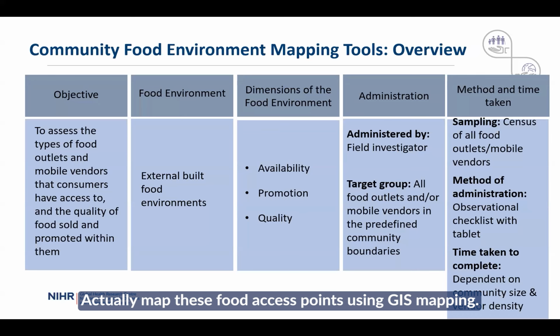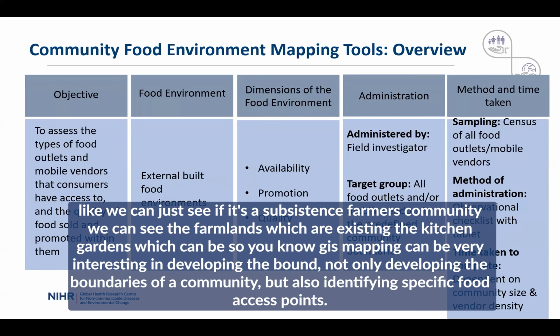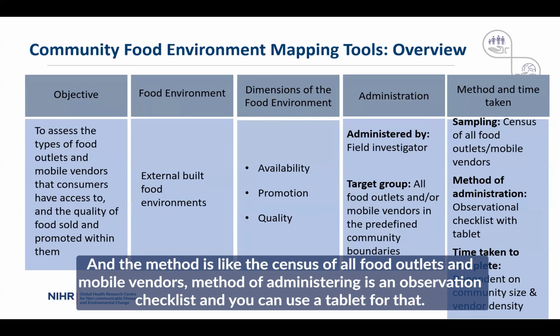If it's a subsistence farmers community, we can see the farmlands which exist and the kitchen gardens. So GIS mapping can be very interesting, not only for developing the boundaries of a community, but also for identifying specific food access points. And the method is like a census of all food outlets and mobile vendors.